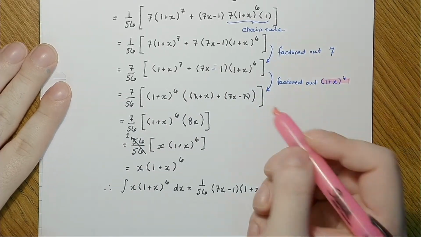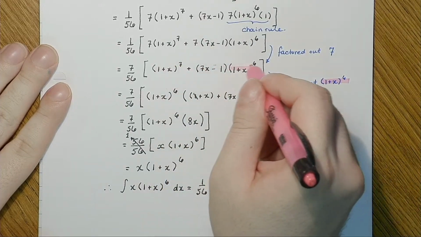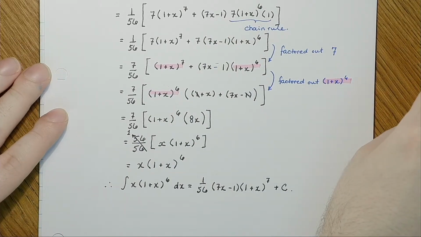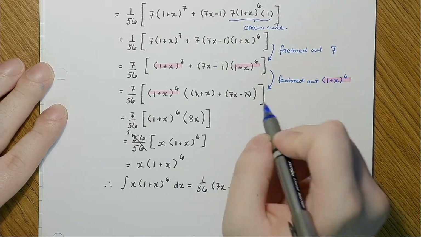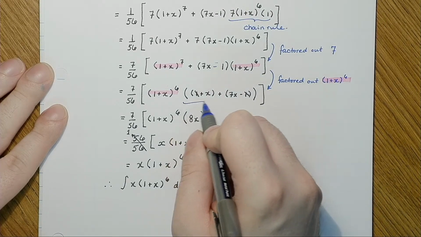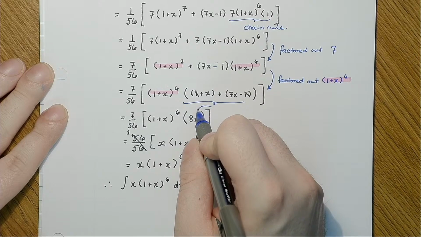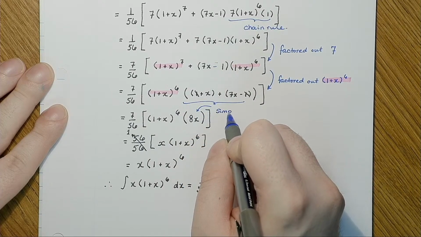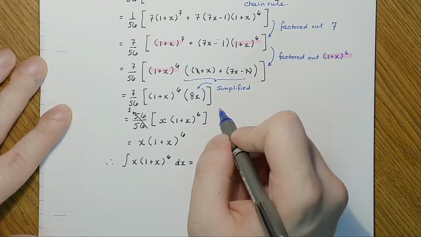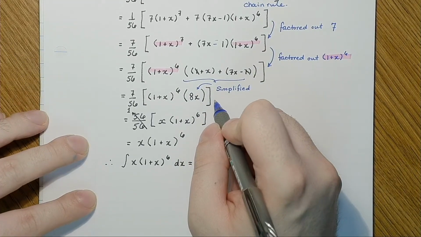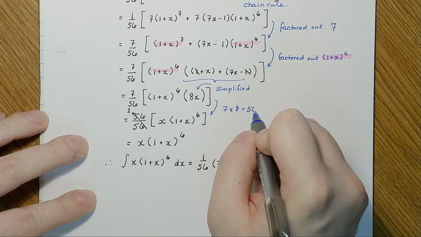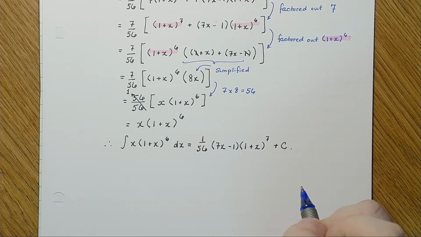We saw here, we have here and here, so that came here. We simplified. From here to here, 7 times 8 is 56, and we got our final result.